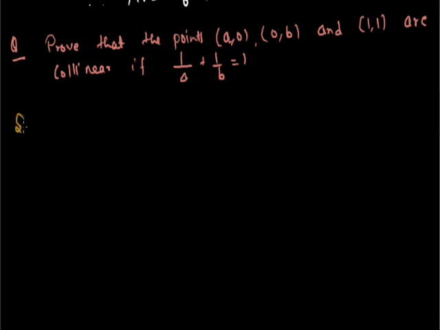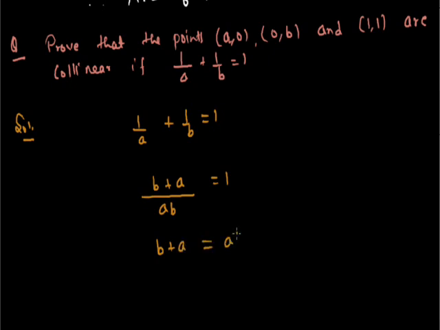Now given condition is 1 by a plus 1 by b equal to 1. Now take LCM ab. So it will be b plus a over ab equal to 1. So b plus a equal to ab. Now this is the given condition.